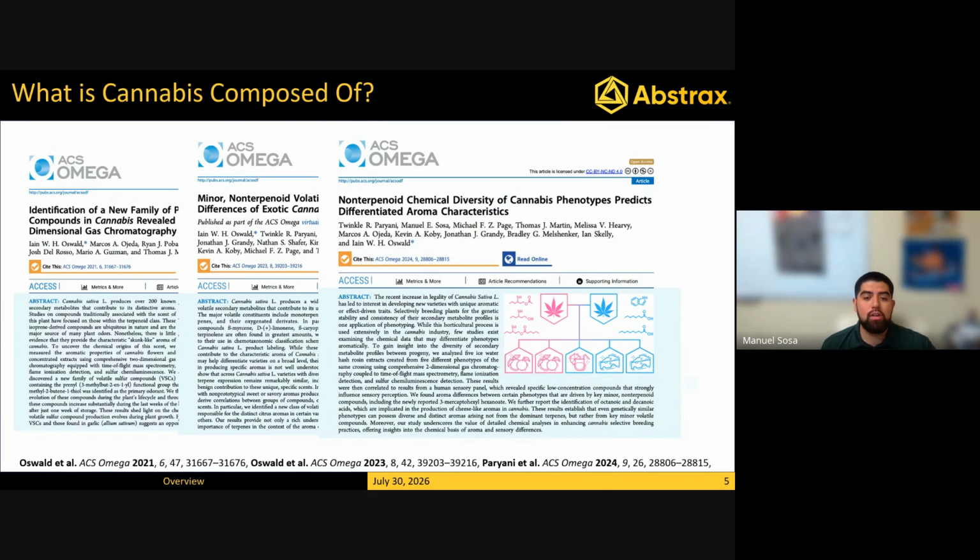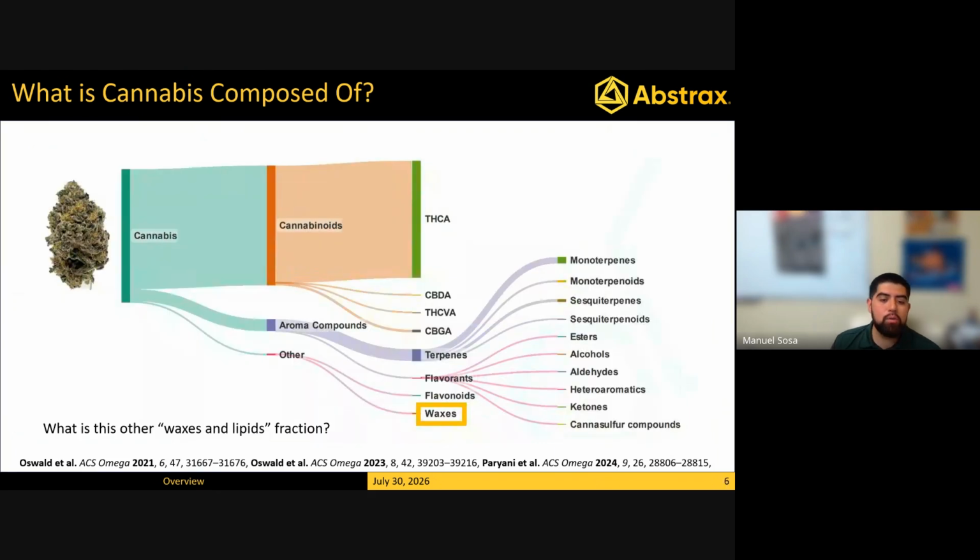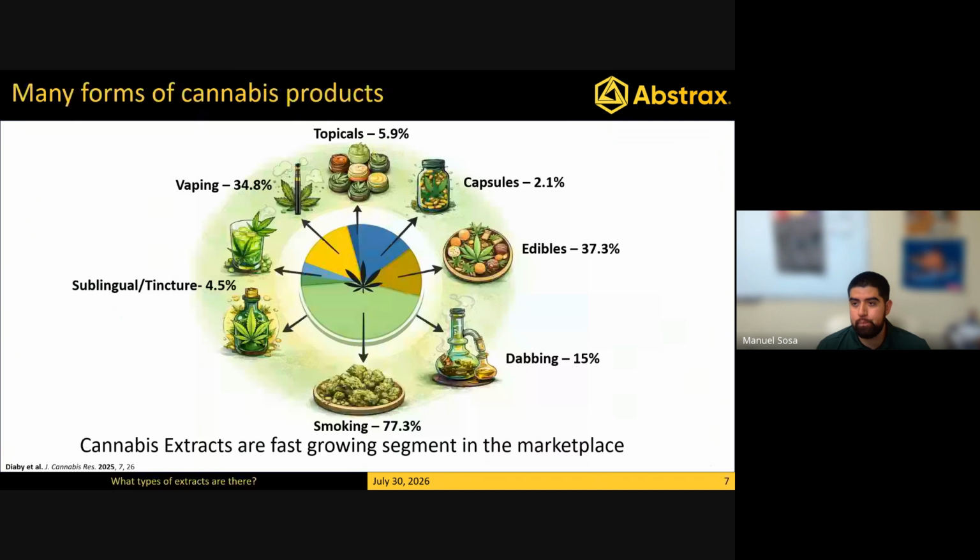We find more tropical thiols and figure out what makes cannabis smell cheesy. But today we're not going to be talking about aroma compounds. This is different from what Abstrax has done in the past. Today we're going to be focusing on this other section in the Sankey diagram, specifically when it comes to waxes. So what are these waxes and the lipid fraction that has always been talked about?